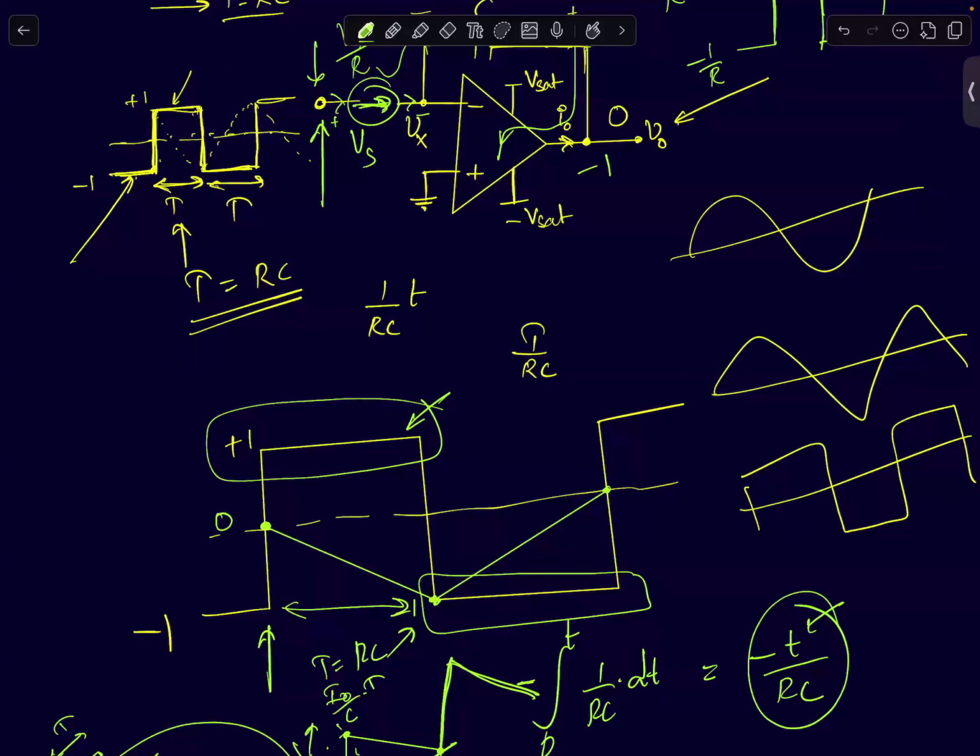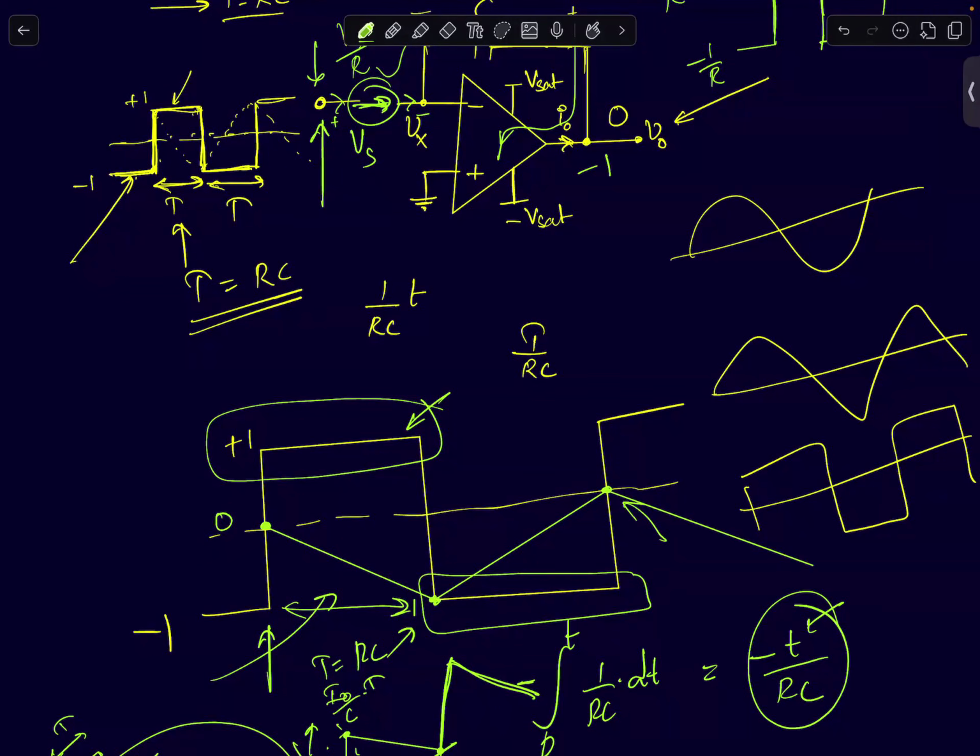So it will come back to 0 volts. So your output waveform will go from 0 to -1, 0 to -1, and so on. So now you have converted a pulse signal to a sawtooth waveform.